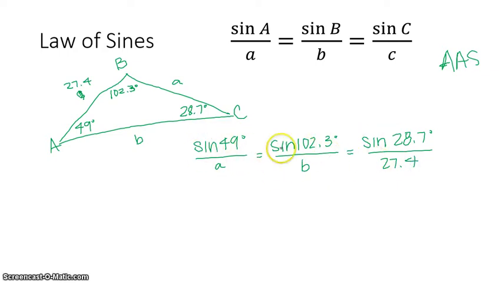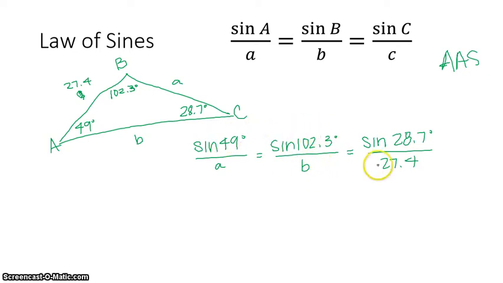Obviously I don't want to use the first two ratios together because there's two variables here, so I could use my sine 49 degrees over A with the sine 28.7 degrees over 27.4, cross multiply, divide, and do it again to find side B.